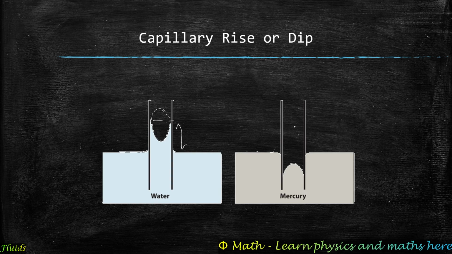Okay, so let us just make some points. Make this point B, this point C, this point D. So you know that the pressure at B is equal to atmospheric pressure.